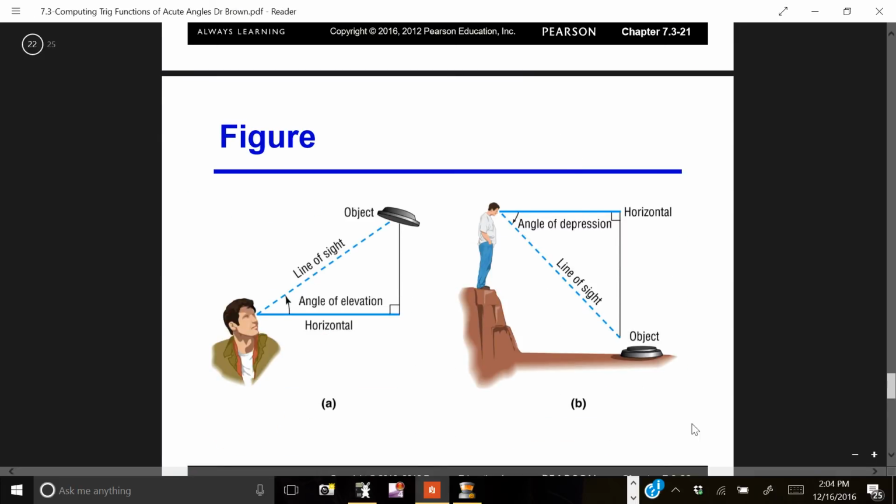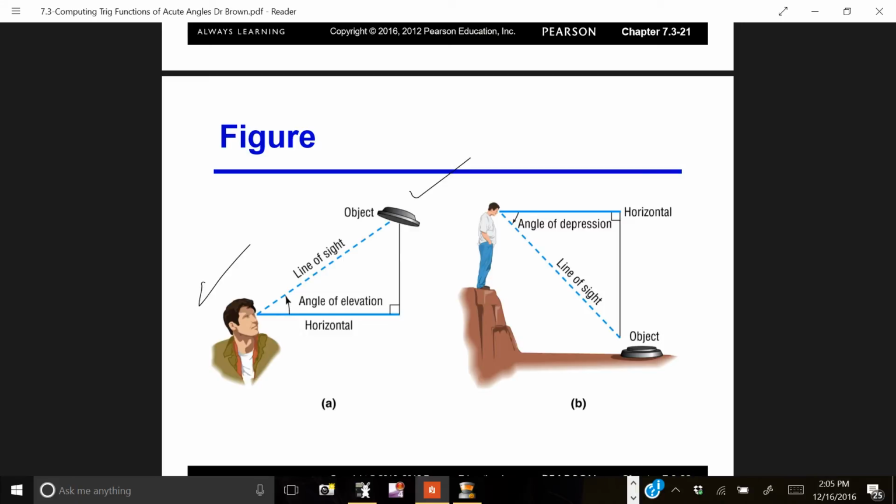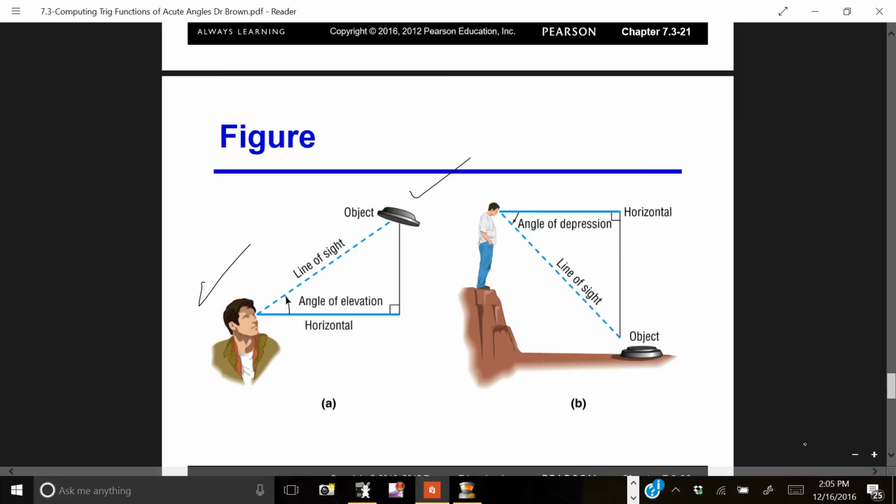Now, I want to give you a couple of definitions. Suppose you're on the ground and you're looking up at an object. I guess that looks like a flying saucer. And if you measure the angle between your line of sight and the horizontal, that's called the angle of elevation.